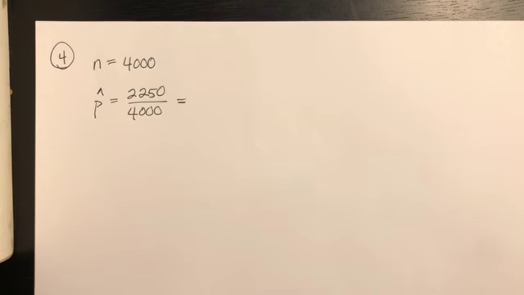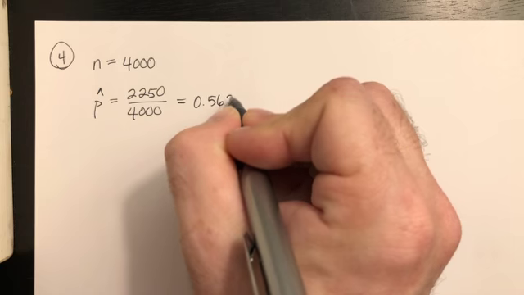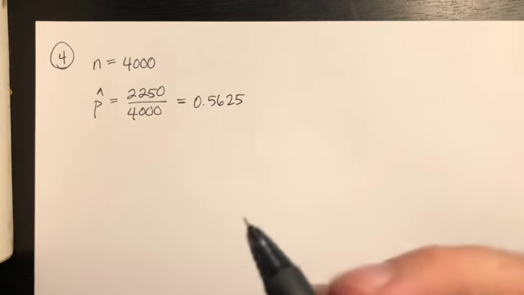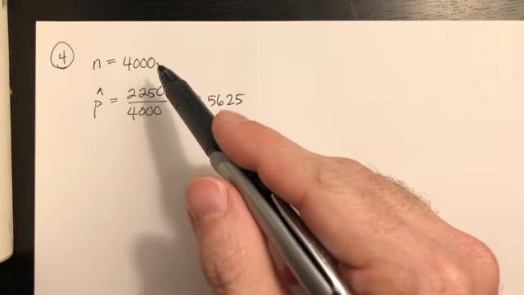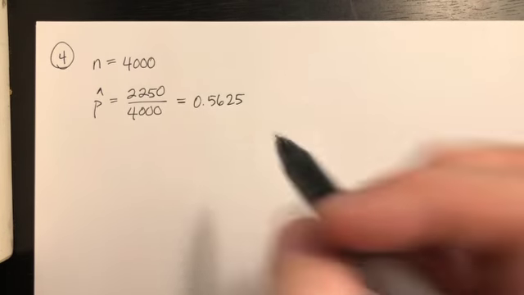If we find that decimal by dividing, that's how we find a point estimate, like from number 1. We get 2250 divided by 4,000, which is 0.5625. So about 56% of those surveyed believe we should have gun control legislation. That's over half. That's interesting.